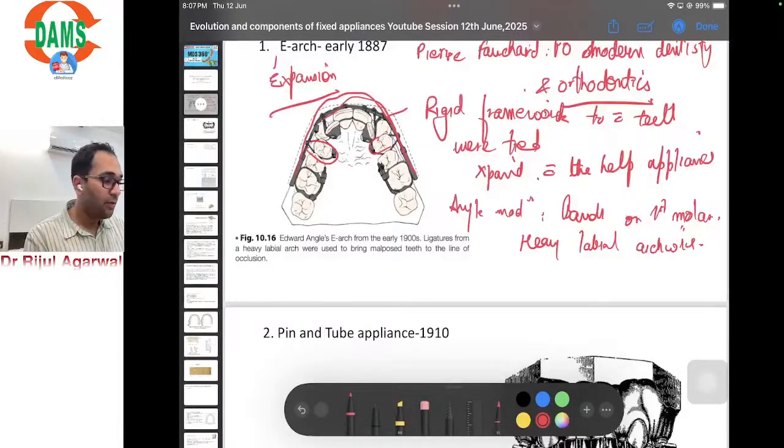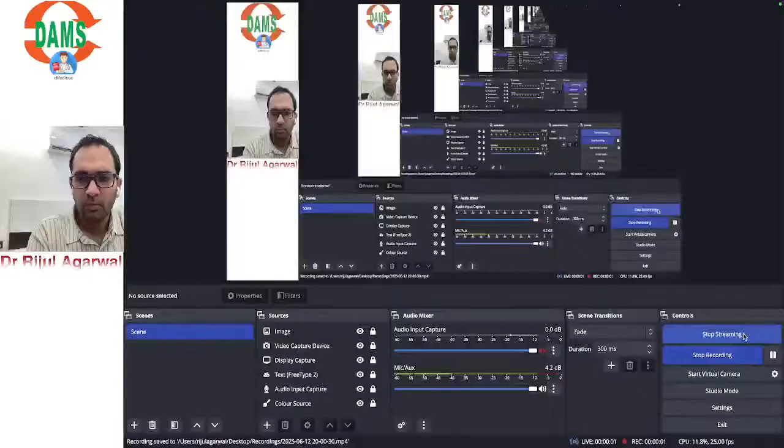Because the arch was placed by Pierre Fauchard himself, the modification he did was that he placed small nuts on this arch wire. You can see like this.